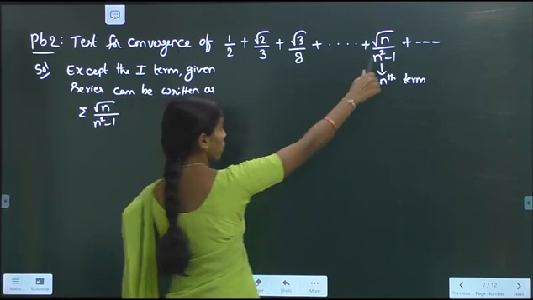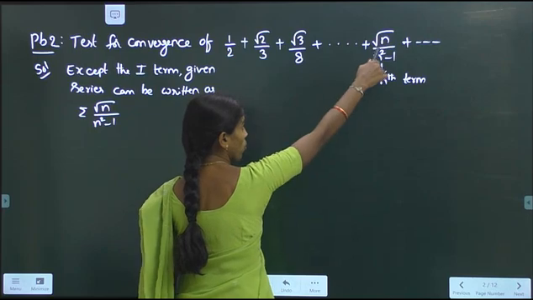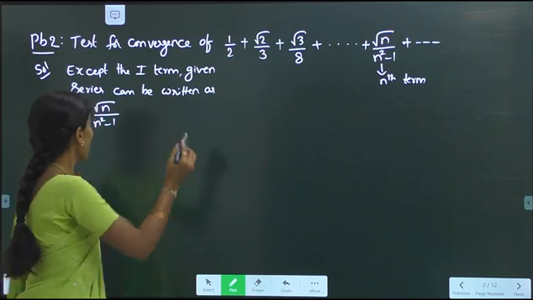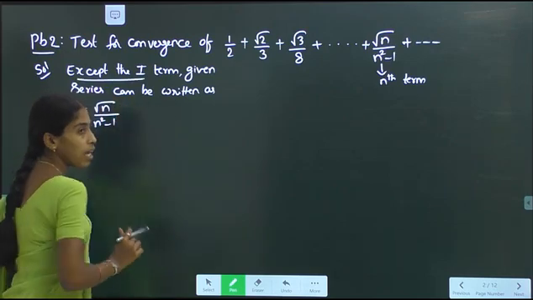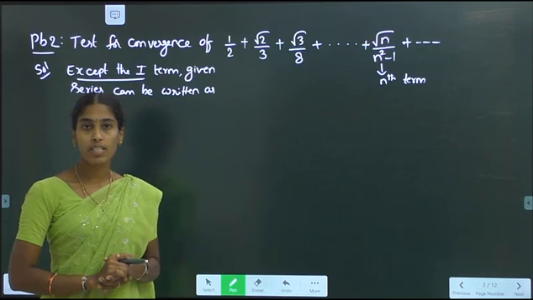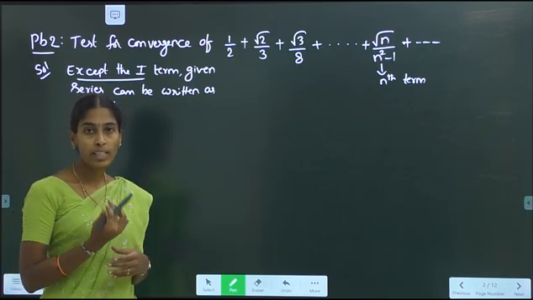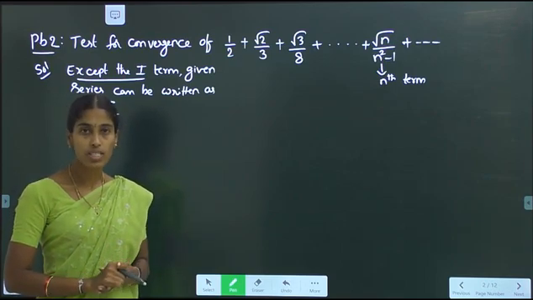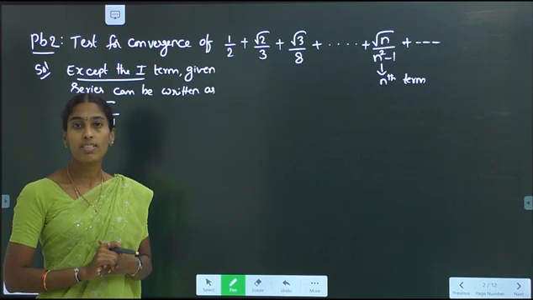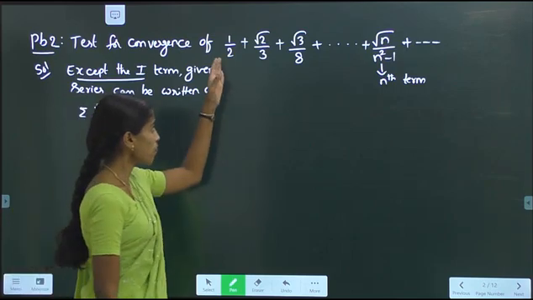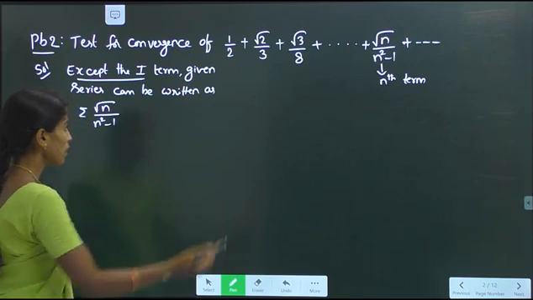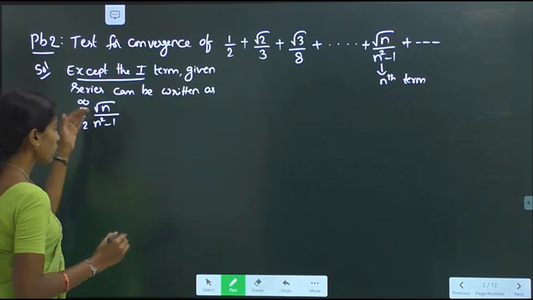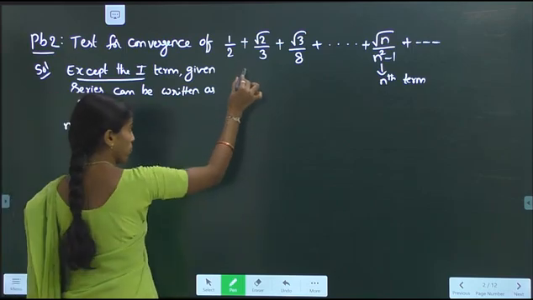If you observe here, if you put n is equal to 2 here, root 2 by 2 square minus 1, we get root 2 by 3, right? So, we are writing except the first term. Already we discussed the properties of series. Whenever we are adding a finite number of terms to the series, otherwise deleting a finite number of terms from the series, the nature of the series does not alter, right? So, except the first term, remaining terms can be written as sigma n is equal to 2 to infinity root n by n square minus 1.